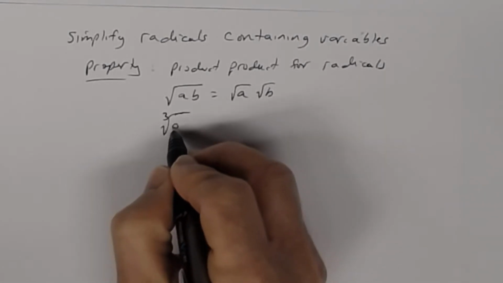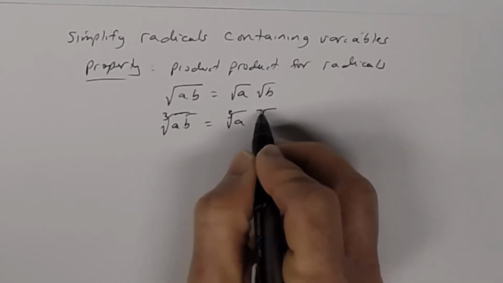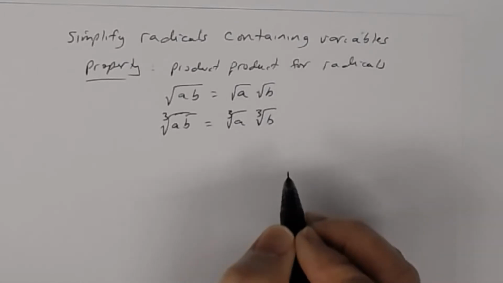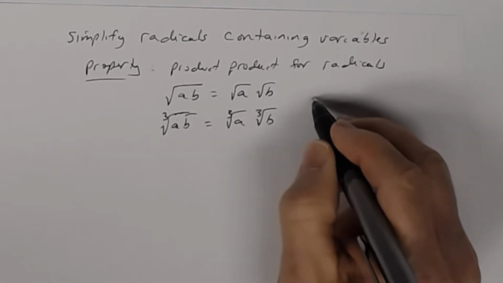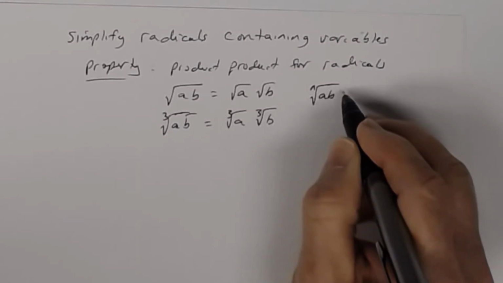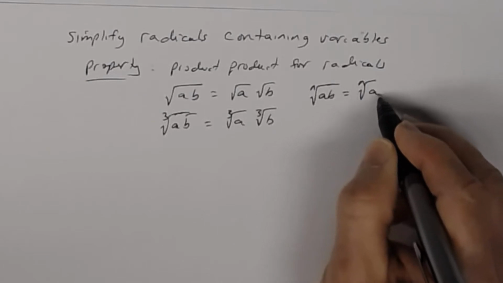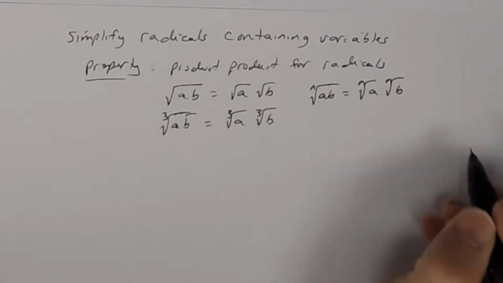The same thing works for cube roots. The cube root of a times b, I can write as the cube root of a times the cube root of b, and so forth. In general, the nth root of a times b can be rewritten as the nth root of a times the nth root of b.